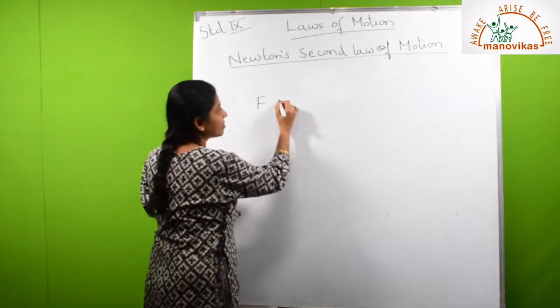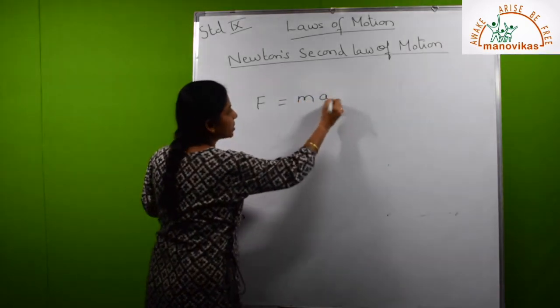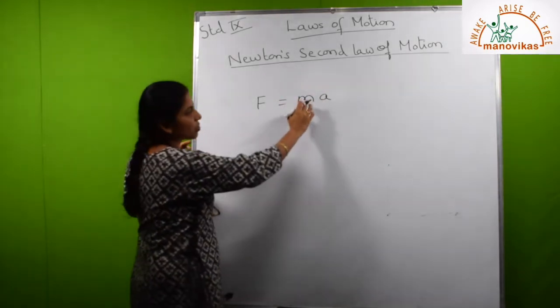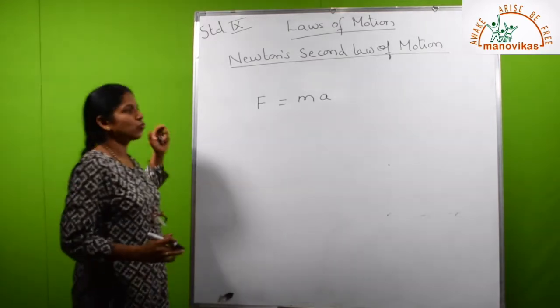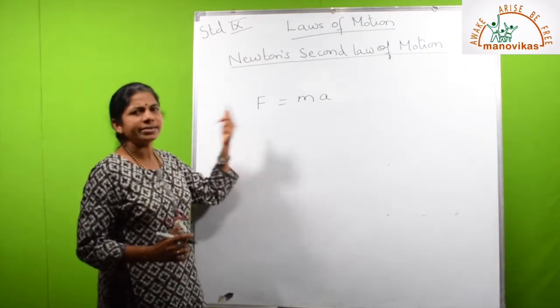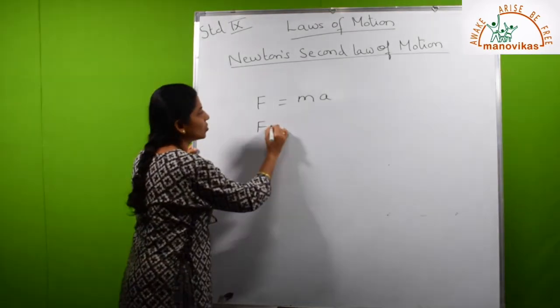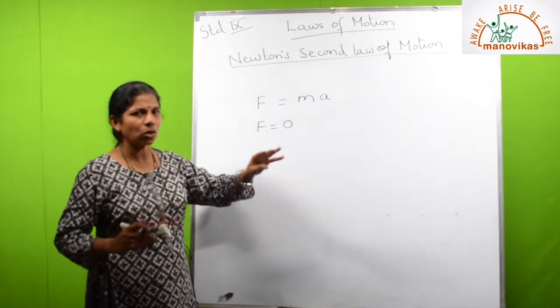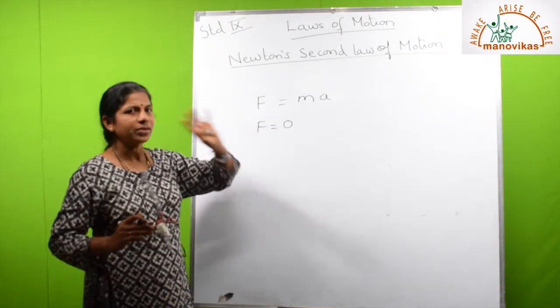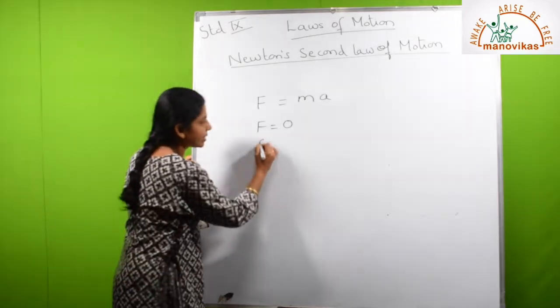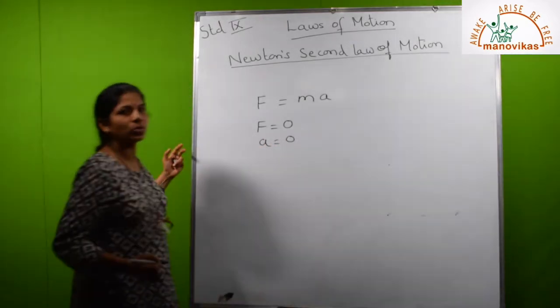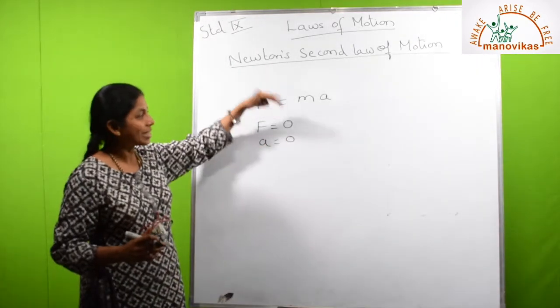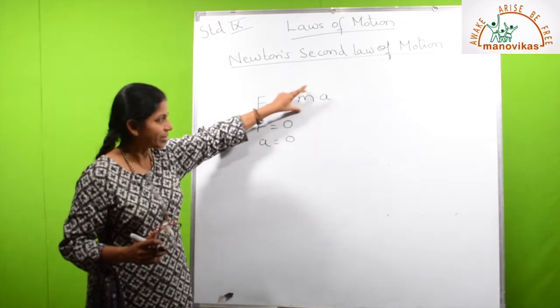Force is the product of mass and acceleration. So if the force applied is 0, when you are not applying any force on an object, the object will not accelerate. So acceleration also becomes 0. Of course, mass will not become 0.